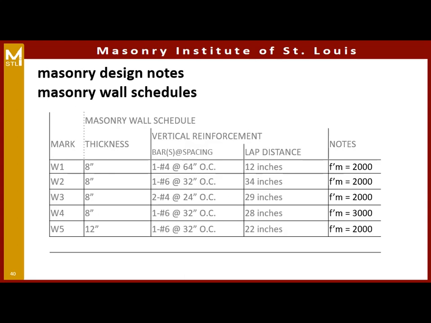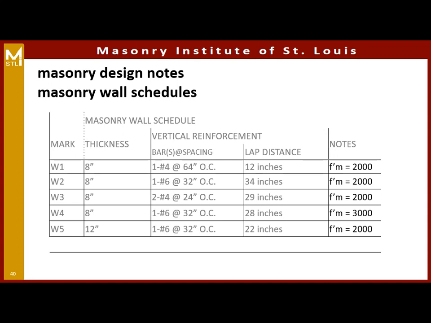This is just a sample wall schedule that shows some of the differences. Wall 2 has a bigger bar than wall 1, so we have a larger lap length. Wall 3 has the same bar size, but now we're at the face of the cell, so we have less bar cover.